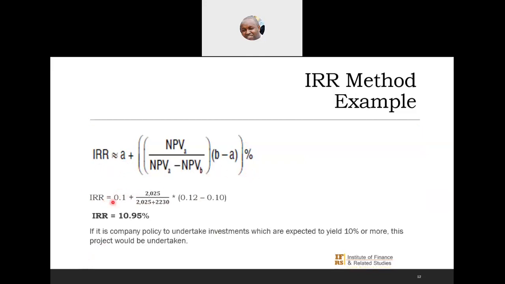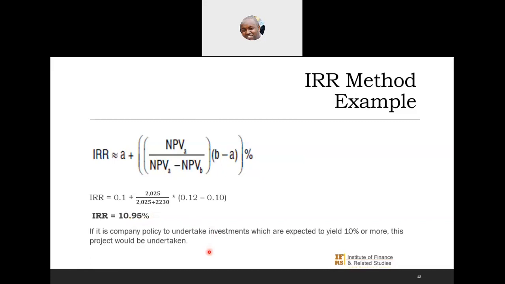Our A, the lower rate, is 10%. NPV of A is 2,025. Now, this is negative, but since the NPV of B is negative, we end up with two negatives and the sign turns to positive. Thus, our IRR is 10.95% or approximately 11%.